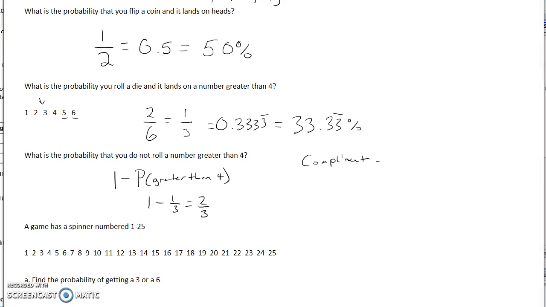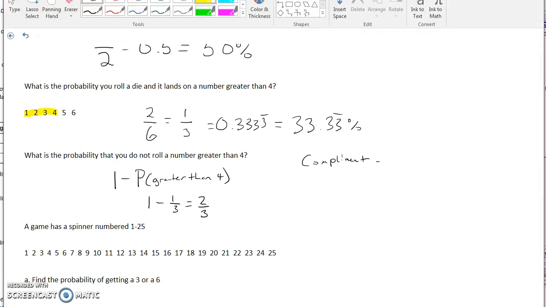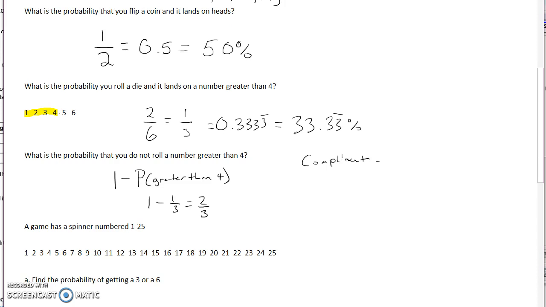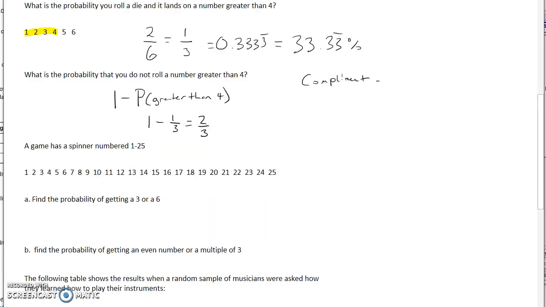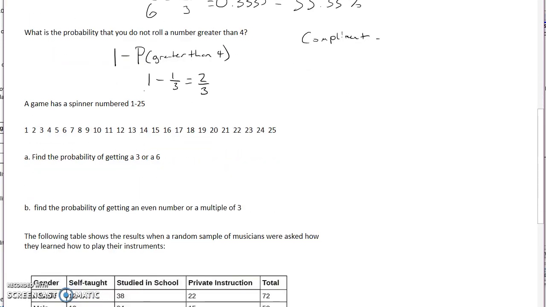Again, if you go up and look at our sample space, you could have done it straightforward, and just said how many numbers are not greater than 4. It's these 4 out of 6, which is 2 out of 3. Again, easy to tell with a very simple one, but there's going to be problems later where we're going to want to do that idea of a complement, especially if we have percentages.